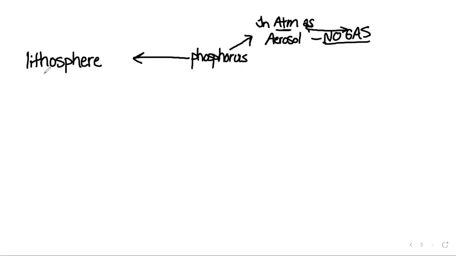The natural release of phosphorus from the lithosphere is through uplift and weathering. Geologic processes happen, the rock gets exposed to air and water and goes through the weathering process, and that phosphorus is now released into the soil, potentially into water sources where it can be used.